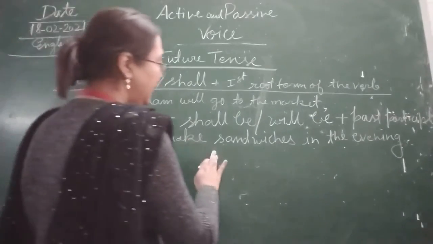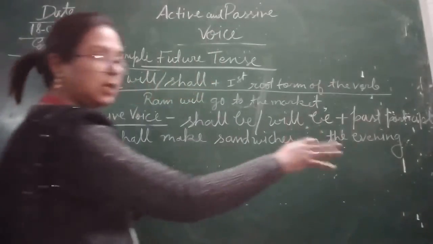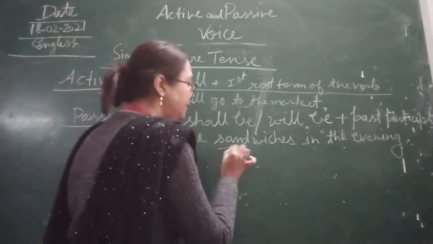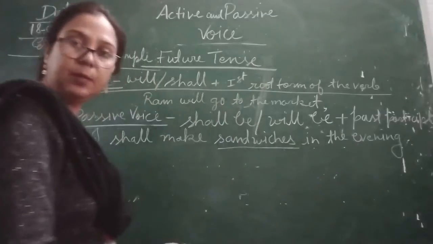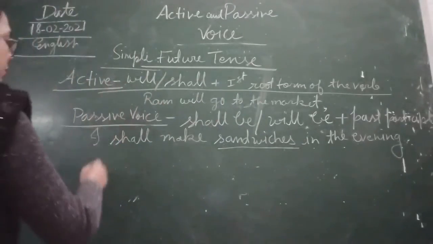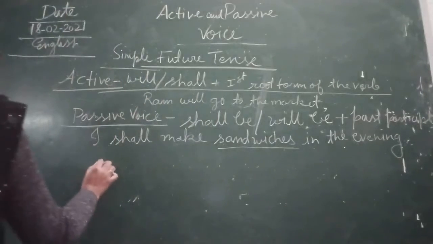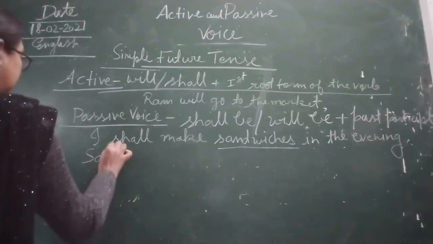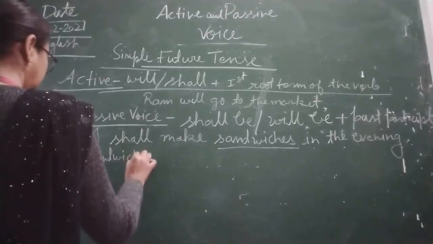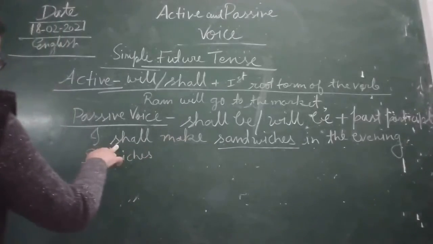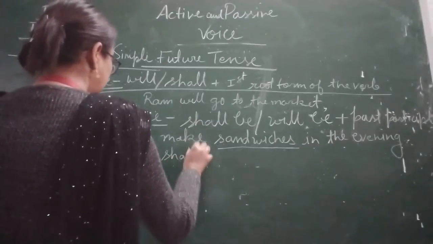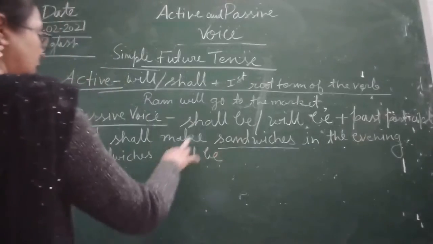I shall make sandwiches in the evening. Now here you can see sandwiches is the subject in the passive voice. So what will we do? Sandwiches, because shall is used over here, so we will use shall be made.